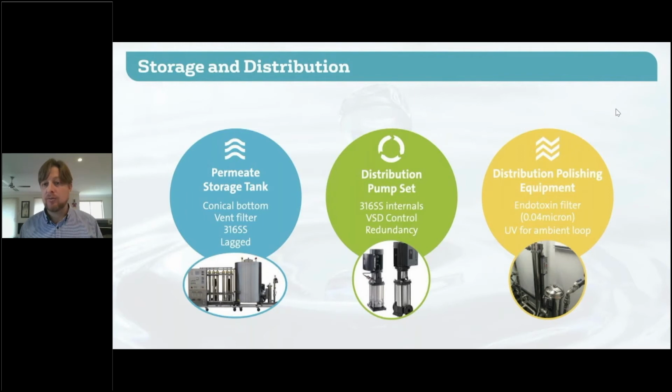So we need to be polishing the water all the time, and that's why the loop needs the water flowing around continuously. It's why you have a UV lamp to inactivate any bacteria that is floating around the loop, and why you have an endotoxin filter to capture that inactivated bacteria or any bacteria shells or casings that might be floating around in the water. So critical components there with the polishing system that you have to have.